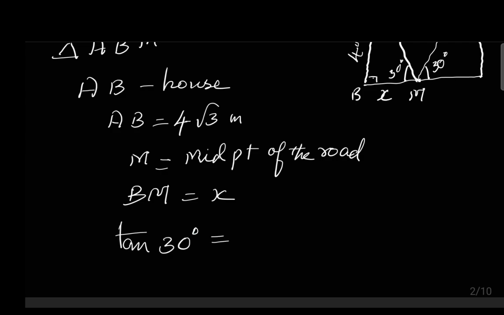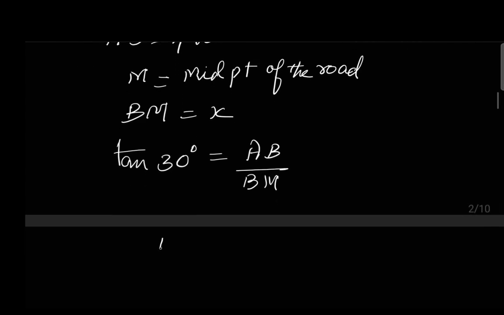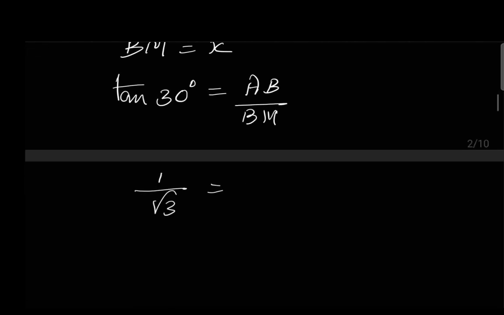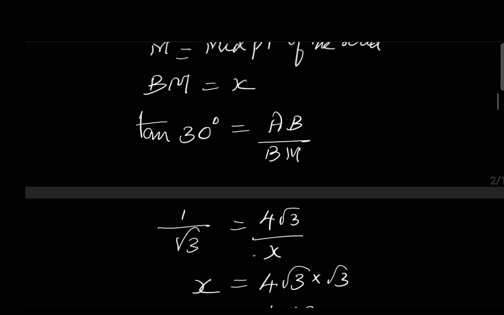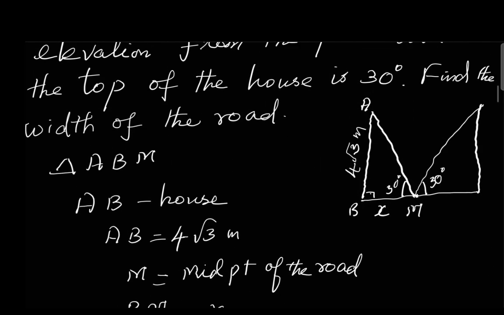Tan 30 is opposite by adjacent, AB by BM. What is tan 30? The value is 1 by root 3. And what is AB? 4 root 3. So 1 by root 3 equals 4 root 3 by X. You do cross multiplication: 1 into X is X, 4 root 3 into root 3. Root 3 into root 3 is 3, so 12. So here X is equal to 12 meter.